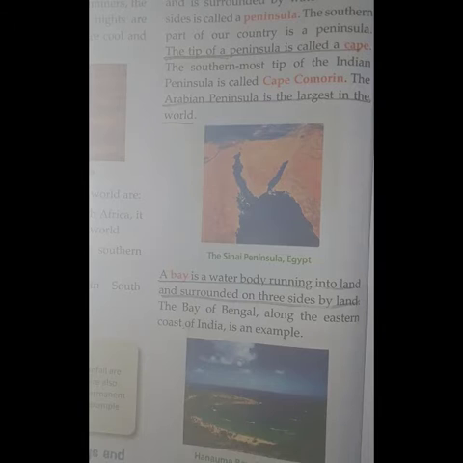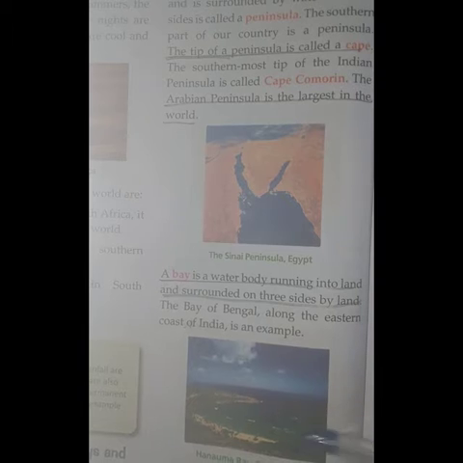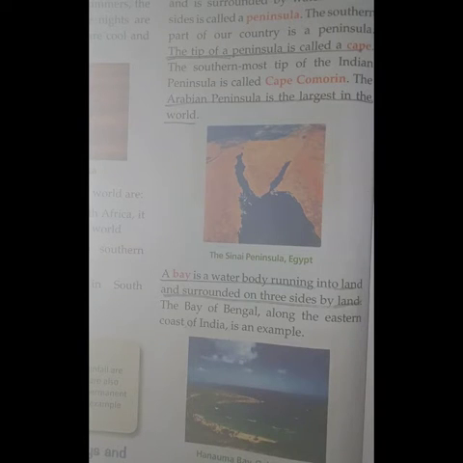You can see here, the bay which is a water body runs into land and is covered by land on three sides. The Bay of Bengal along the eastern coast of India is an example of a bay.